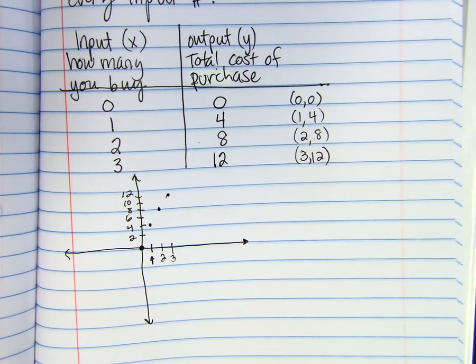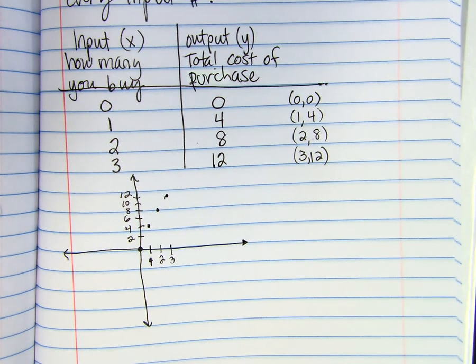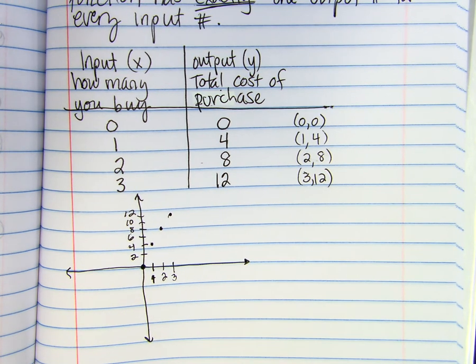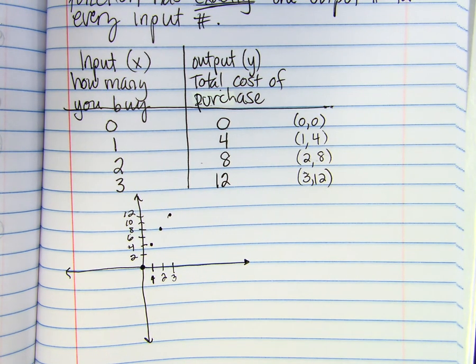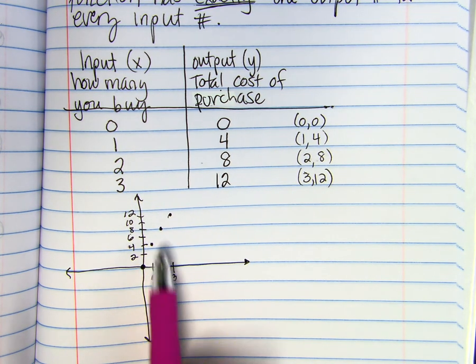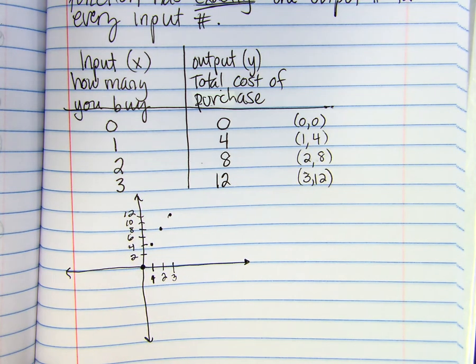Now, let me ask you about this. Would it be reasonable to connect the dots for this particular problem? Remember, one water bottle costs $4.